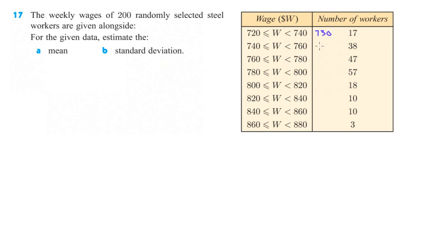Between 740 and 760 is 750, 770, 790, 810, 830, 850, and 870. And then we're going to multiply those together, right? But actually, we're going to let our calculator take care of all that for us.